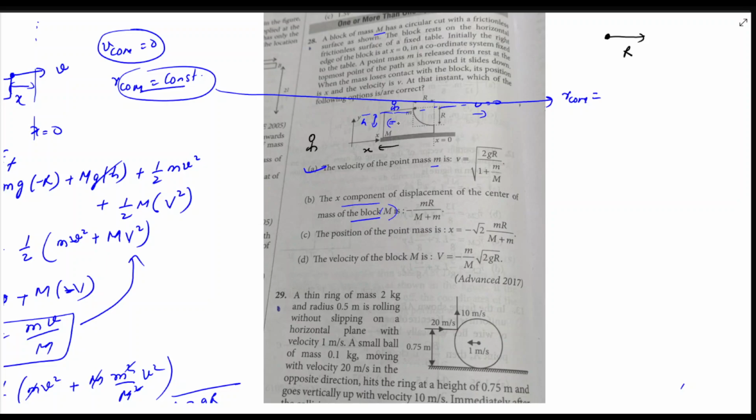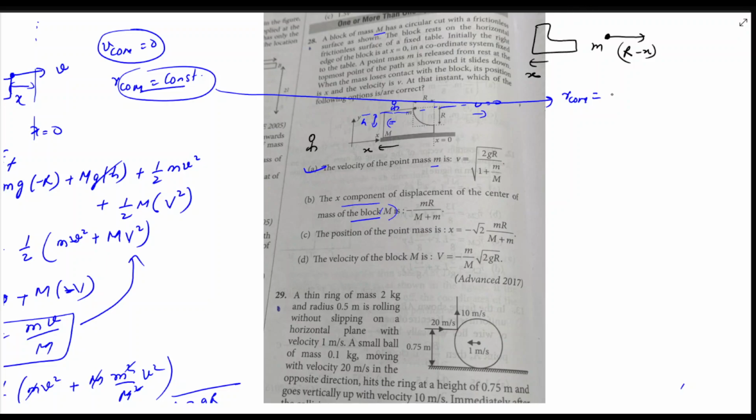If this has moved backward by a distance small x, it must have taken this small particle with itself. So actually this small m has moved R minus small x in the right. And this capital M has moved backward by distance x, right?